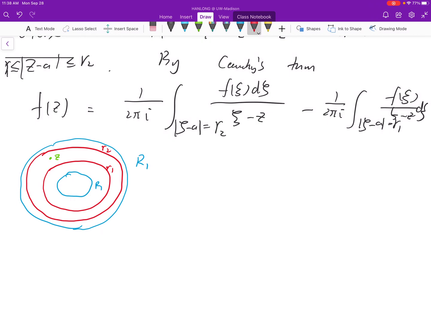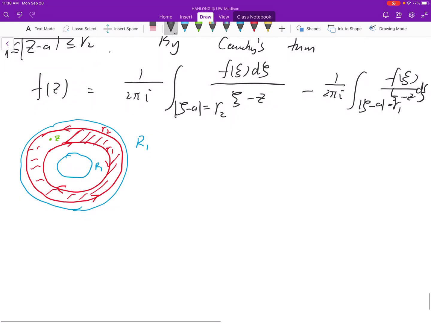So if you do orientation, the outside one is counterclockwise, the inside one is clockwise. Okay, let's denote the first integral as I1, the second integral as I2.